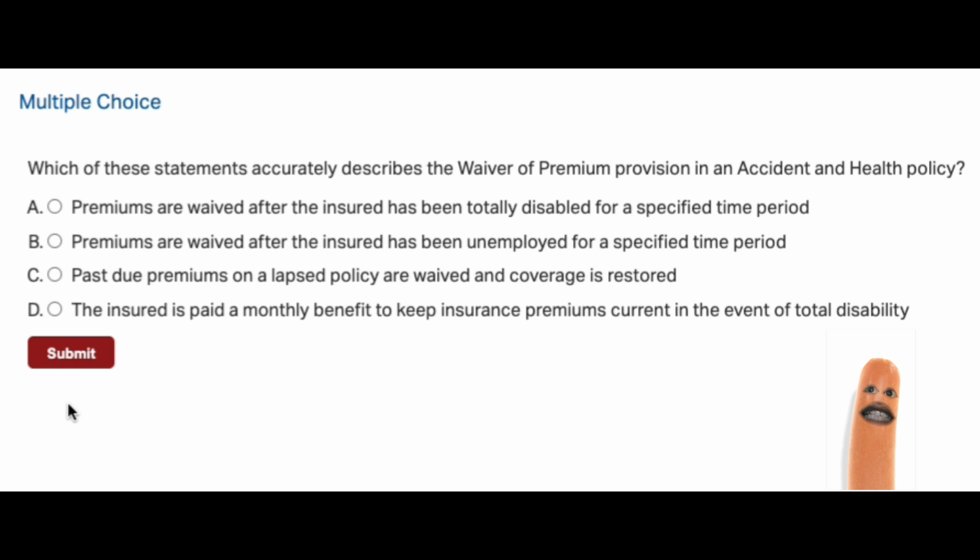It says, which of these statements accurately describes the waiver of premium provision in an accident and health policy? A, premiums are waived after the insured has been totally disabled for a specified time period. B, premiums are waived after the insured has been unemployed for a specified time period. C, past due premiums on a lapsed policy are waived and coverage is restored. Or D, the insured is paid a monthly benefit to keep insurance premiums current in the event of total disability.